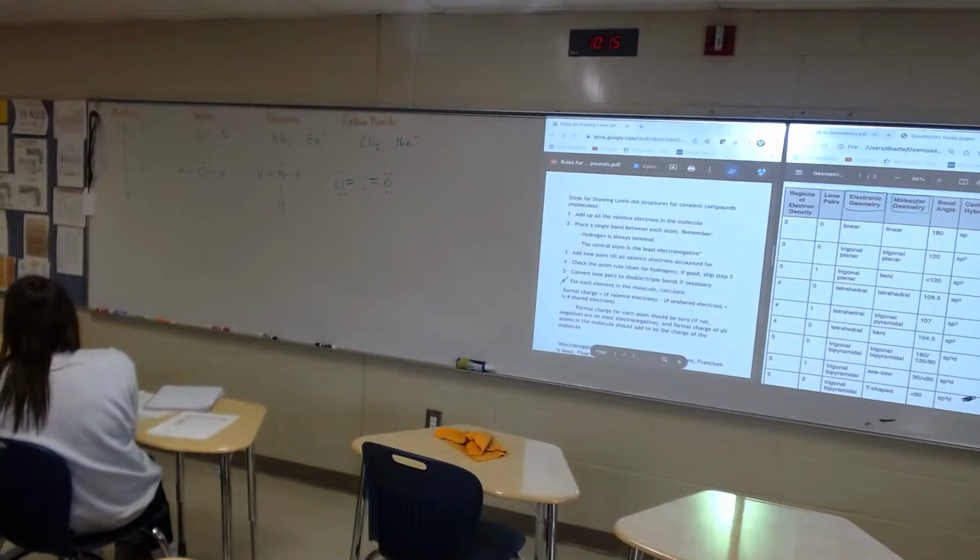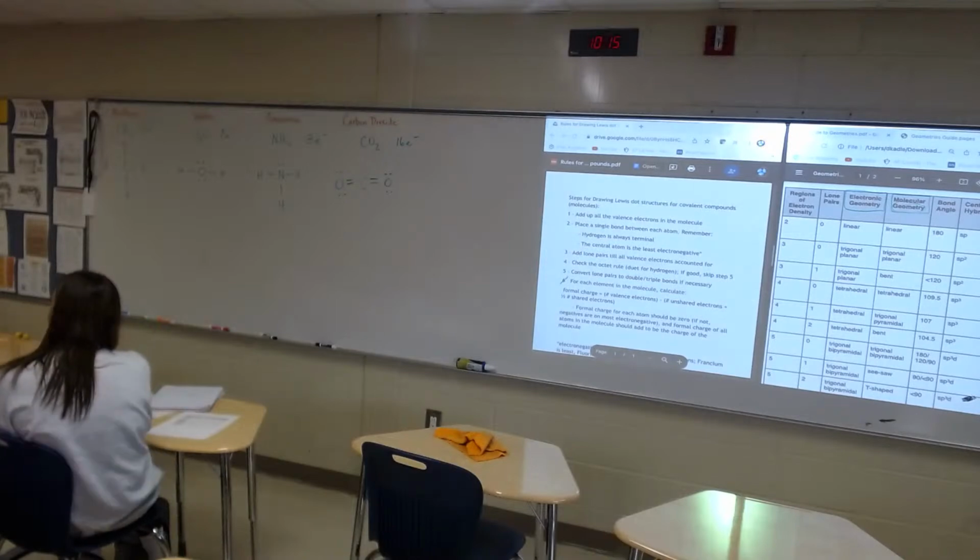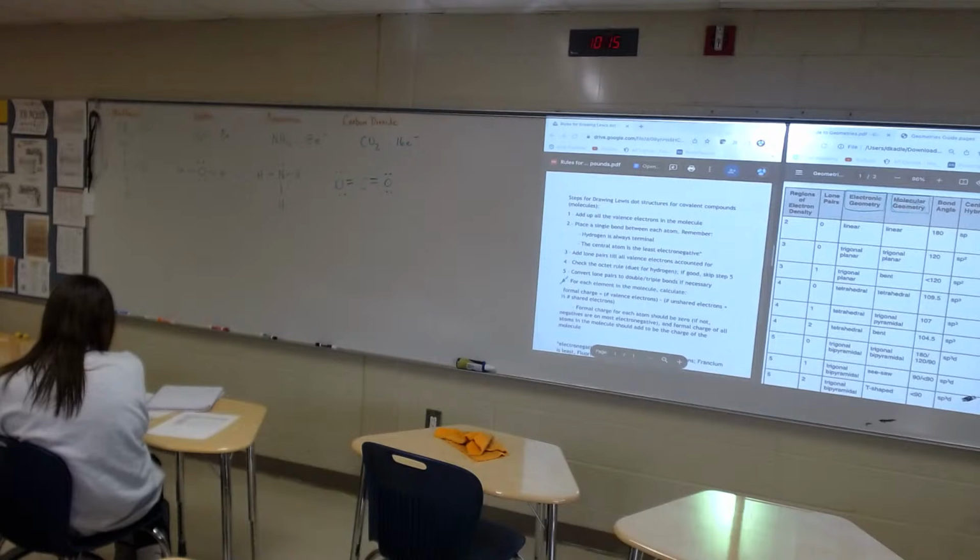So this is what water looks like. It has this bent structure. It's bent, but electronically it's tetrahedral because you have these two lone pairs. So electronically, tetrahedral is still the same, but molecularly, we just look at the atoms and we call that bent. Okay?